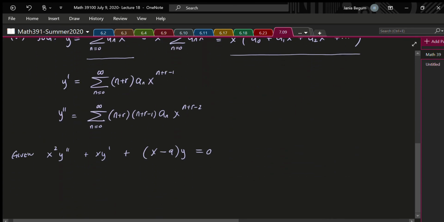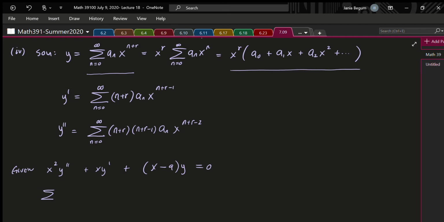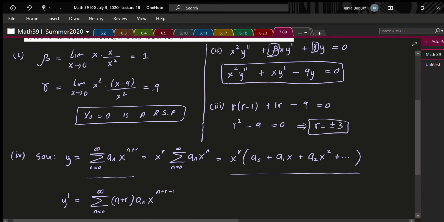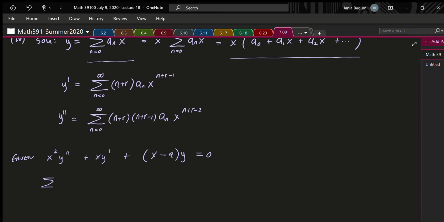So let's plug this in. We're going to plug these summations into our original equation. So we will have the sum. I'm going to ignore the indexing because it's okay. I showed you why it's okay: it gives you the initial term, which we call the indicial equation, which we can get from right here, the Euler equation. So we don't need the initial terms anymore from the series solution.